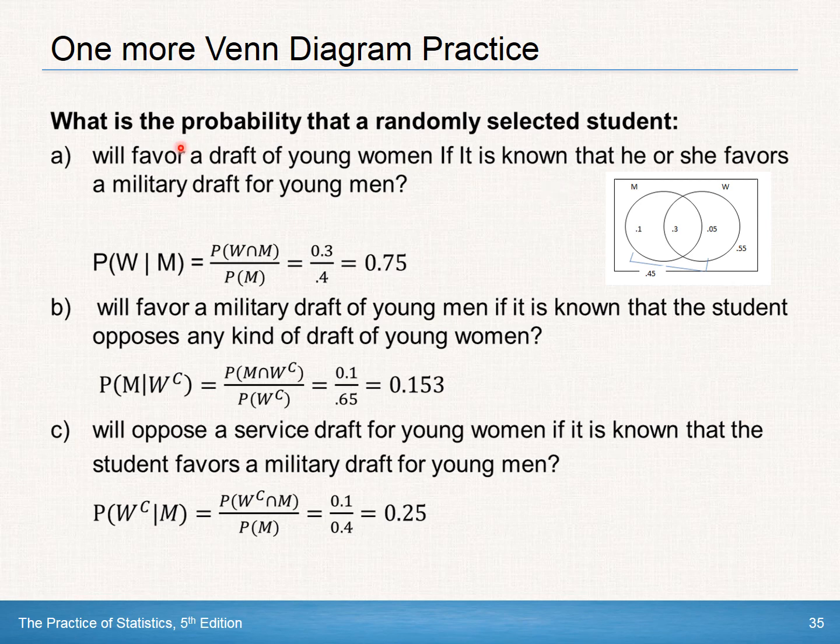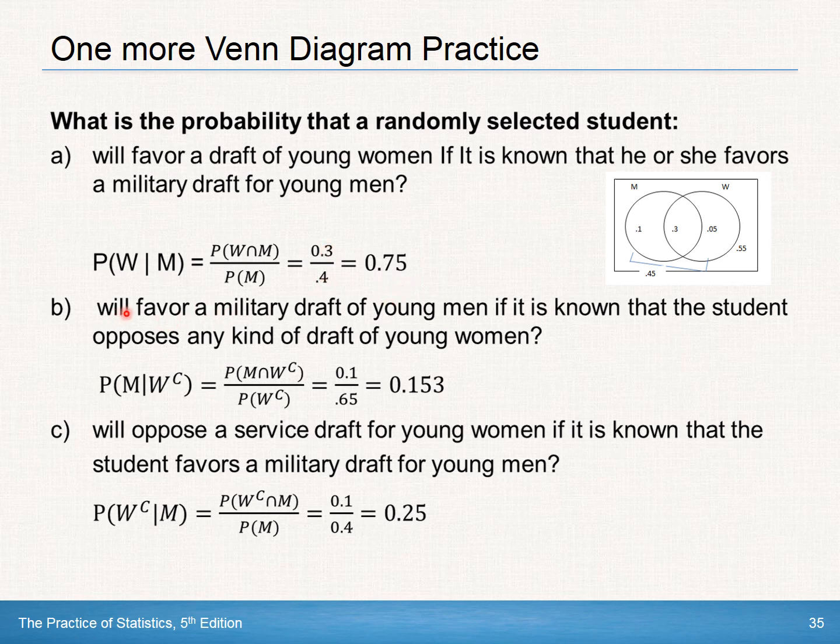I know it's a conditional probability because it's known that he or she favors a military draft for young men. So the probability that I'm going to favor a draft for women given the fact that I favor a draft for men. All right, so formula: women and men, all over the probability of men. So women and men, easy, 0.3 from my Venn diagram. Men, that's the whole men category, so that's 0.4.